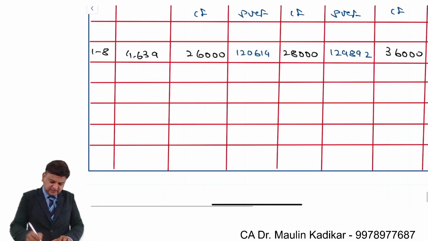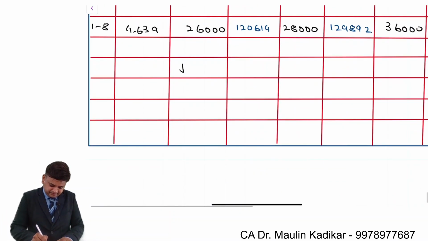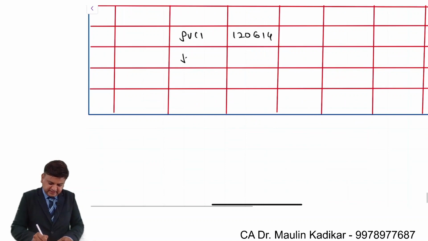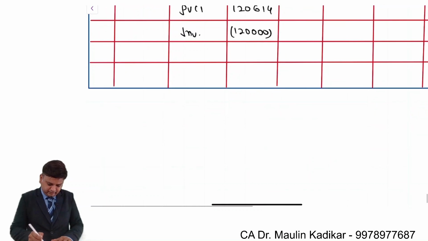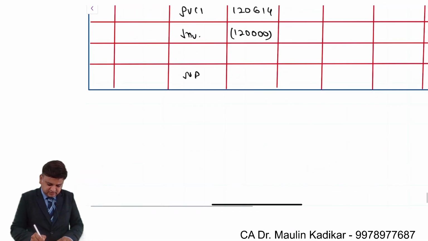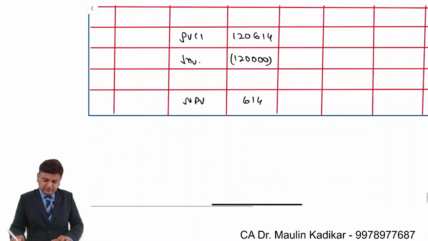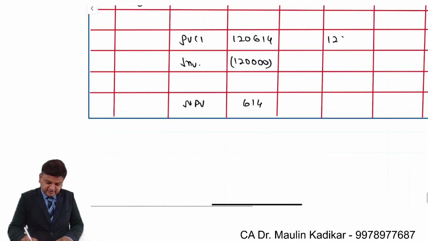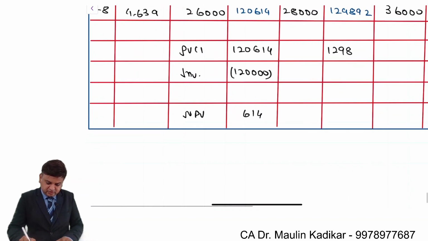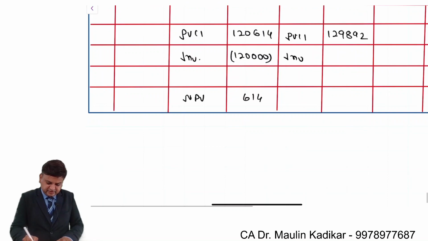So starting with the NPV calculation, present value of the cash inflow 1,20,614 less investment 1,20,000. So NPV is 614. Similarly for most likely, 1,29,892. Amount of investment is 1,20,000.